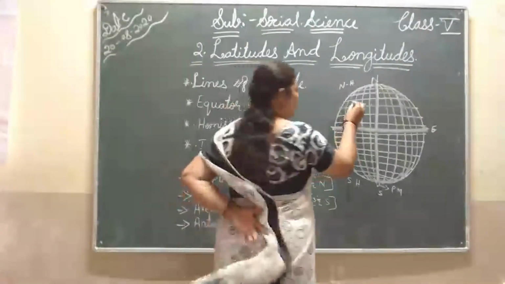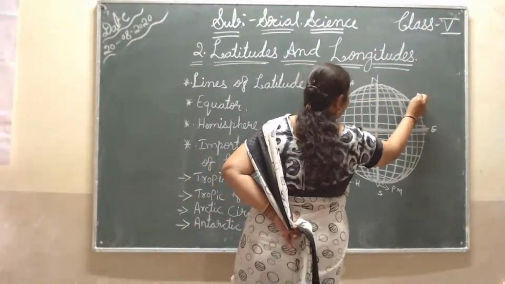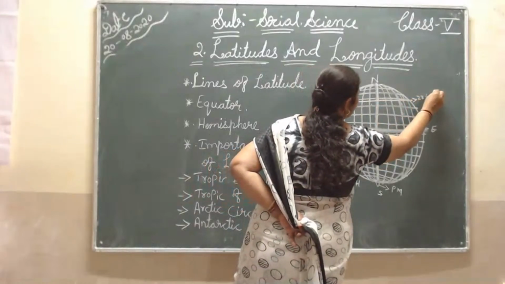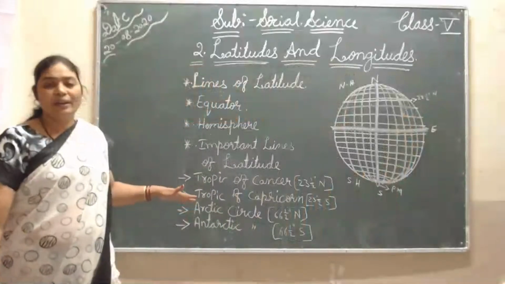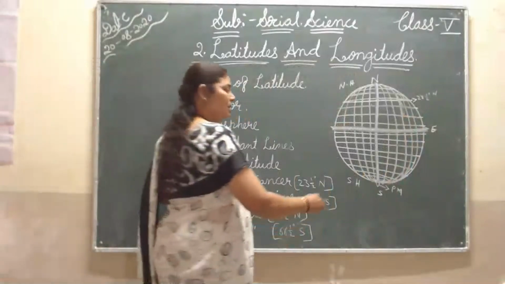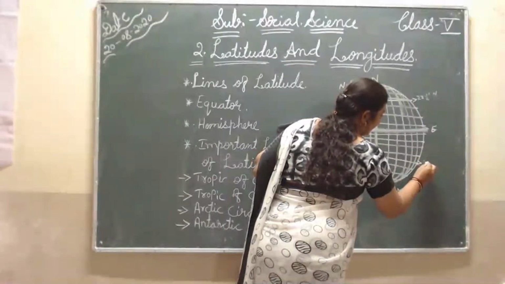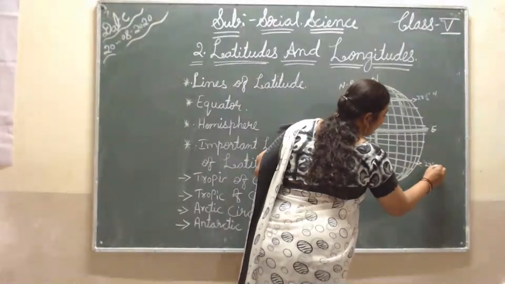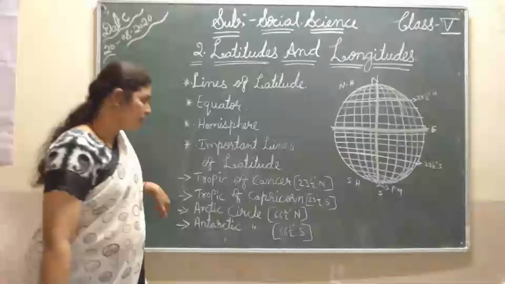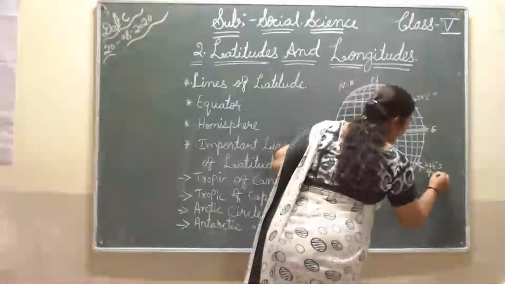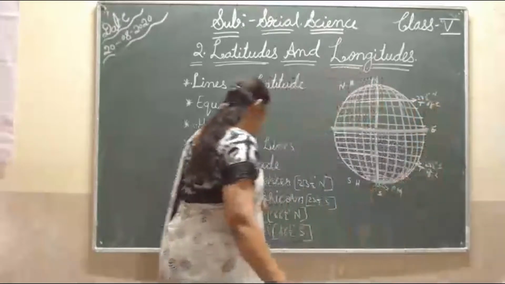It comes up here, at 23 and a half degrees north. Then the Tropic of Capricorn comes down in the southern hemisphere, at 23 and a half degrees south. This line is called the Tropic of Capricorn, and this line is called the Tropic of Cancer.